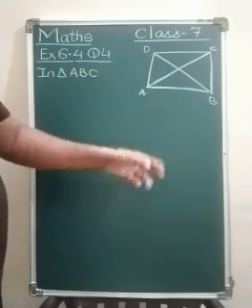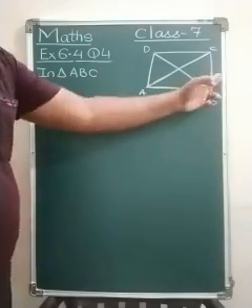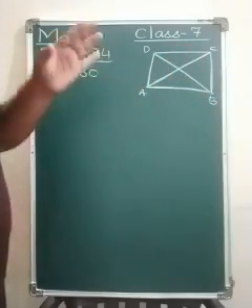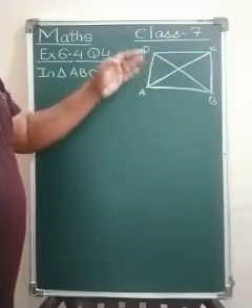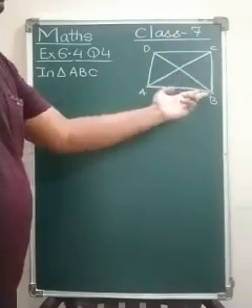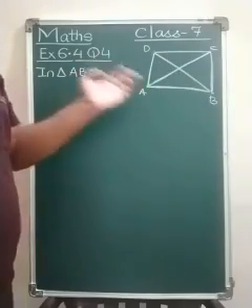Again, this is a triangle, so the sum of two sides will be greater than the third side. So we will keep the diagonals at one side and we will take the sides at one hand side.